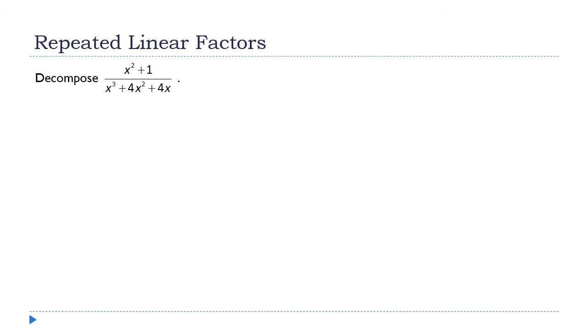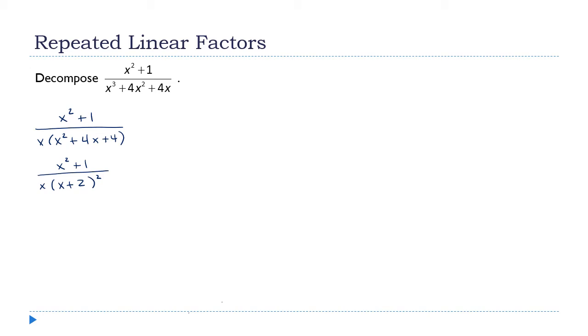So let's see how we can do that. Again, it's easier if we go to examples. So this is x squared plus 1 over x times x squared plus 4x plus 4, which is x squared plus 1 over x times x plus 2 squared.